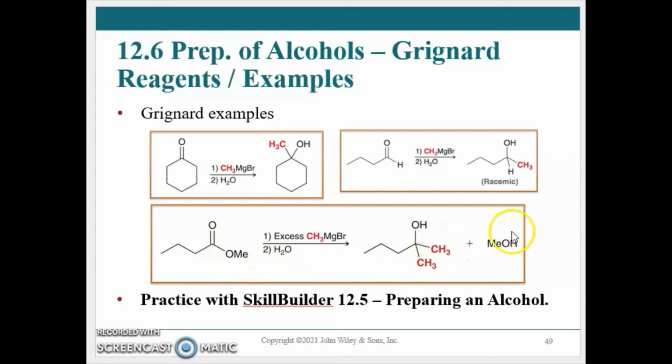That's where this methanol comes from. And then the resulting aldehyde will react with a second equivalent of the Grignard reagent to put the second methyl group in place.